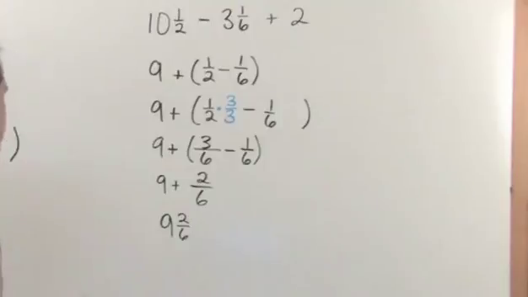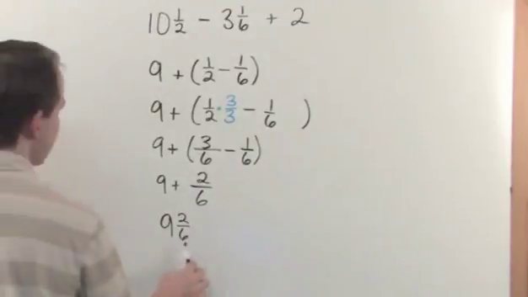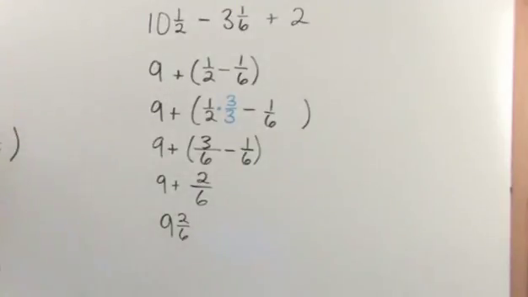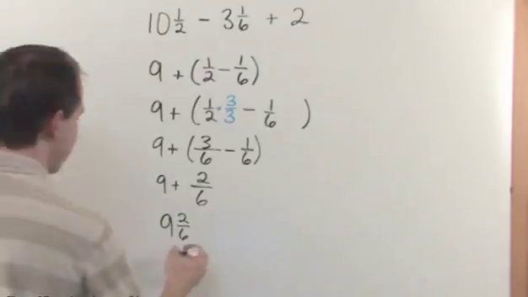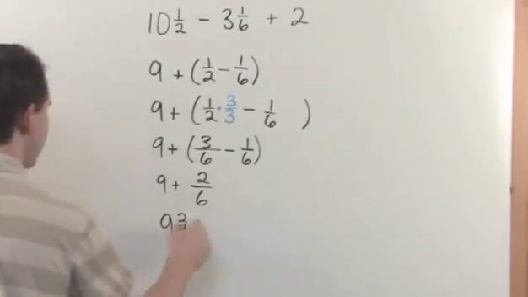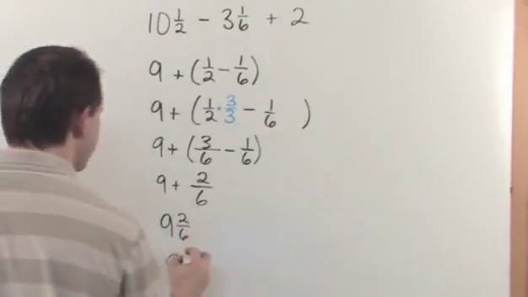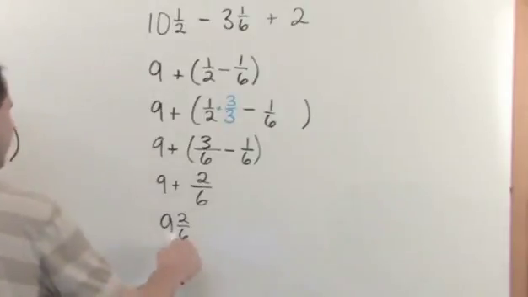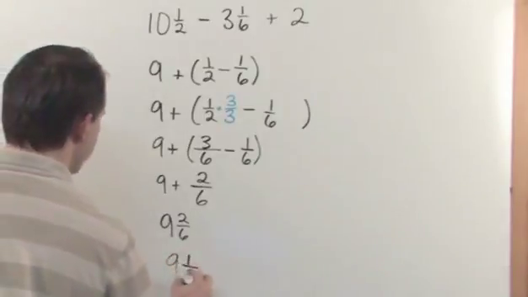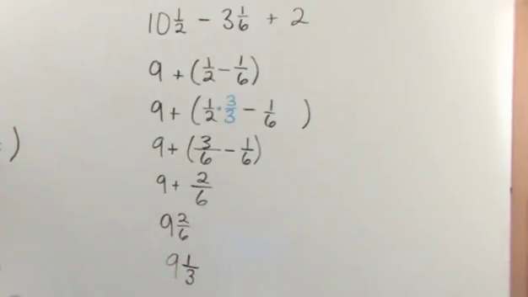That is my answer. But you always need to ask yourself, can I simplify this fraction? Can I divide the top number and the bottom number by something, the same something, and make it simpler? And the answer is yes, you can. Because if I divide both by 2, 2 divided by 2 will give me 1, and 6 divided by 2 will give me 3. Because 3 times 2 is 6.